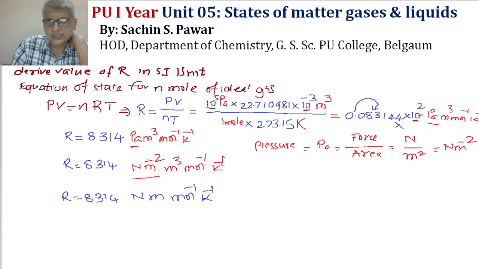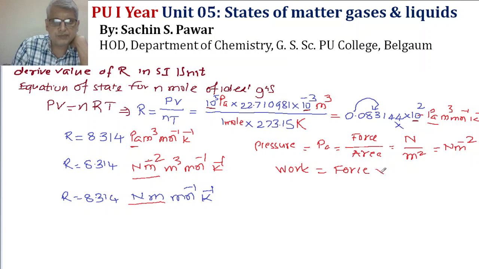Now Newton meter is the SI unit of work or energy. Work is force into displacement, force is Newton, displacement is meter, so the unit of work is referred to as joule.